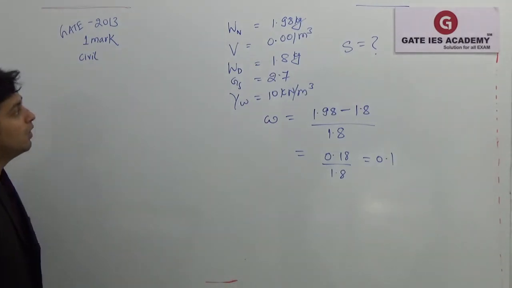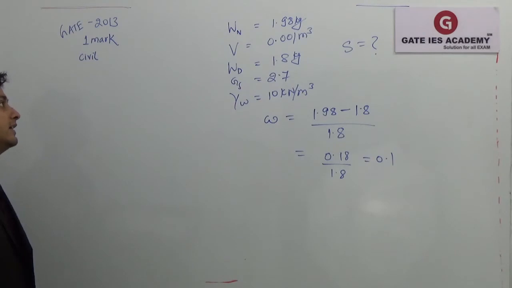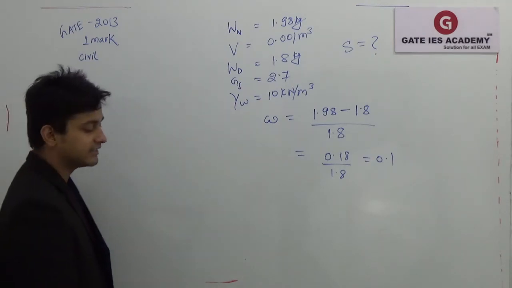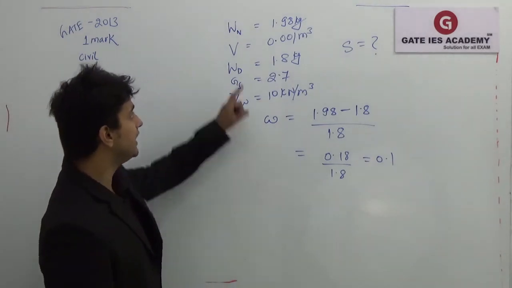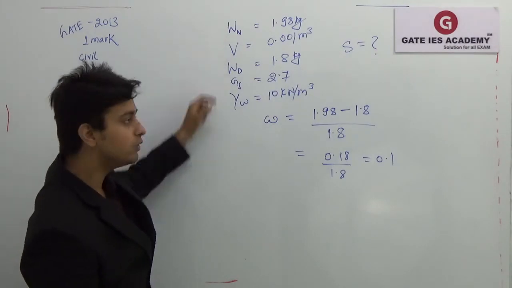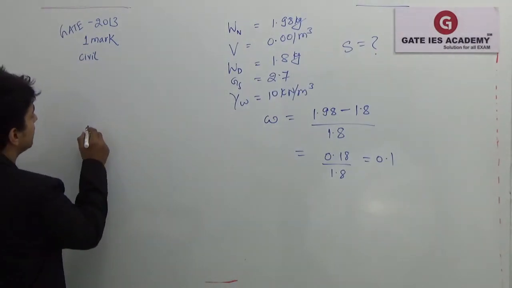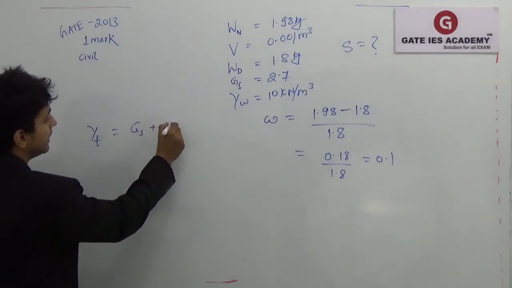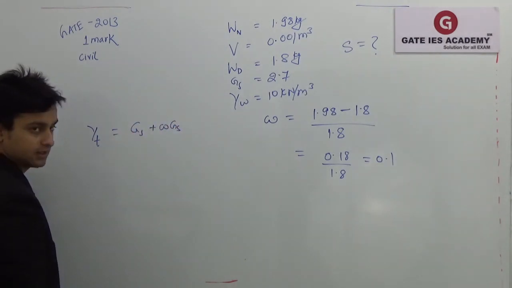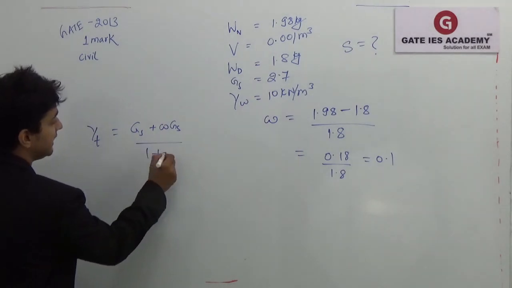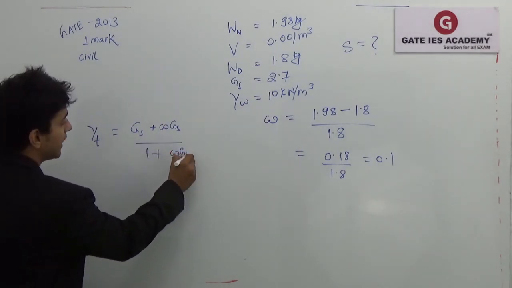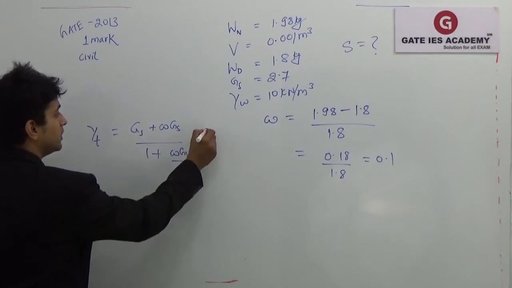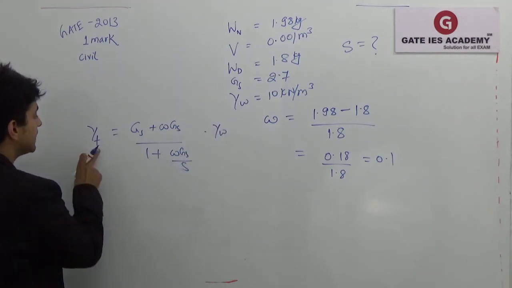Now I want to calculate the saturation value. So initially, can I calculate the gamma T value? Why not? Gamma T will be equal to (GS plus SE) upon (1 plus E) into gamma W, where SE can be written as W GS, so S E equals W GS. What is the gamma T initially?